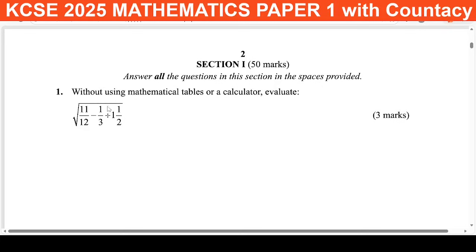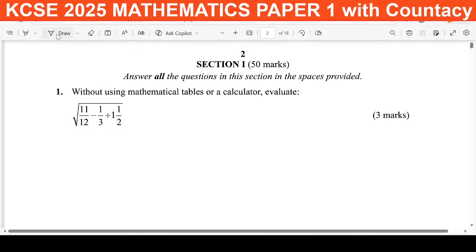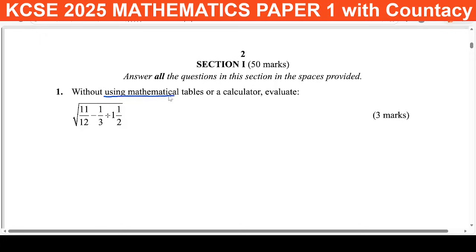That already communicates something: the examiner is telling you that what they are interested in is not the answer that you get, but the process that you follow. Therefore, the things that you write, you have to write in a way that shows that you never used a calculator. Let's go ahead and work it out.